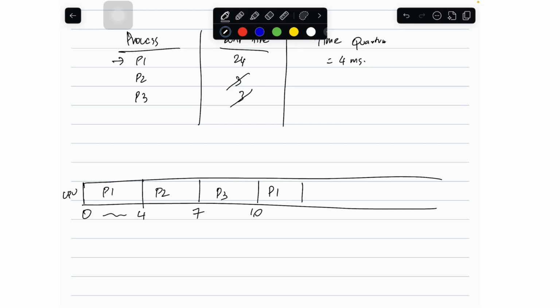Already 4 units of time are covered, so this becomes 20. Now it runs for 14 again, P1, because P2 and P3 are over. Now P1 will get the chance again. 22, P1, 26, P1, 30.